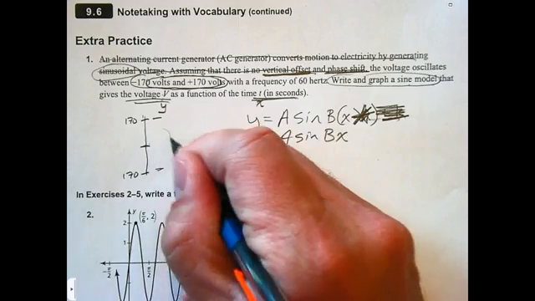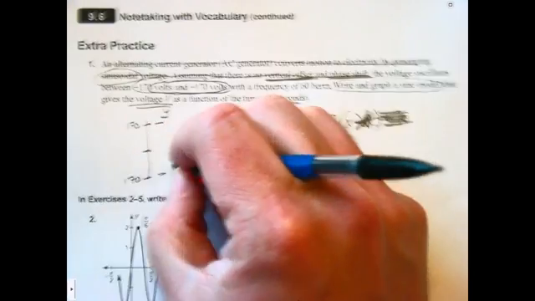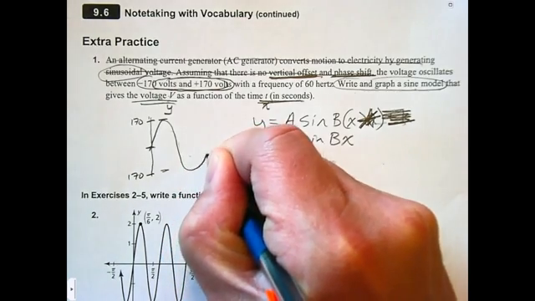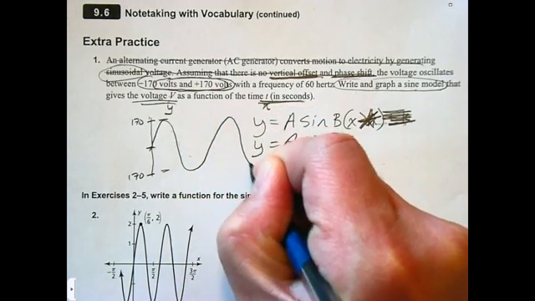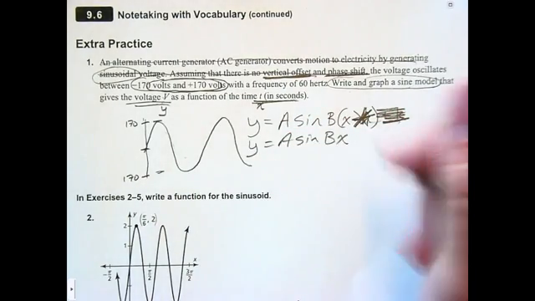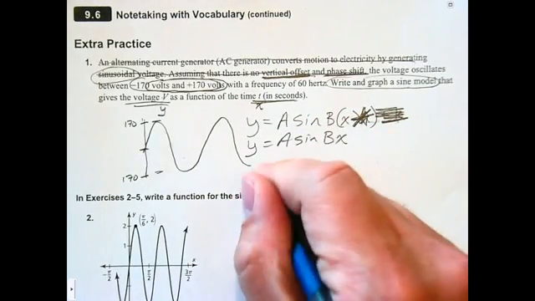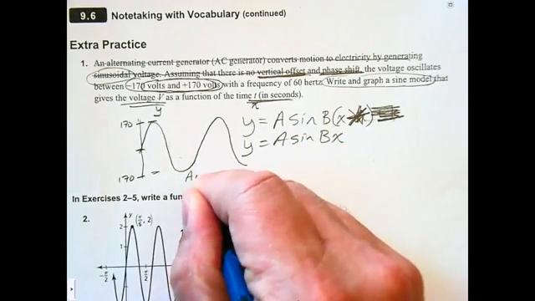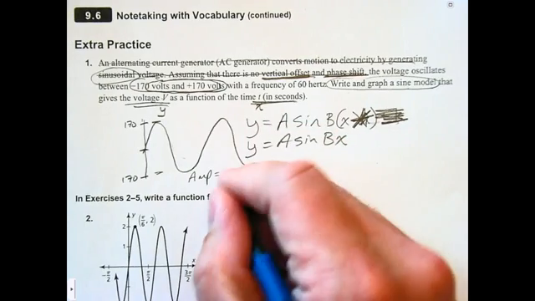Or in terms of a sine curve, I'm going up to there and then down to there, and then up to there and then down. That is a fluctuation. It's oscillating between them. Meaning my a term, my amplitude, is 170.